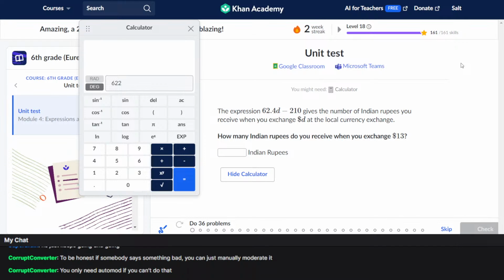To be honest, if somebody says something bad, you can just manually moderate. Yeah, you're right, because that's why Automod even exists, so that you don't have to do the work. But honestly, I'm doing more work allowing messages than I am moderating them, which I've never even needed to do. The only time I've ever needed to is when a bot comes into my chat and it's like, free viewers, click on this link. Then I remove that message. But SiriBot does it for me. So all I need is SiriBot.